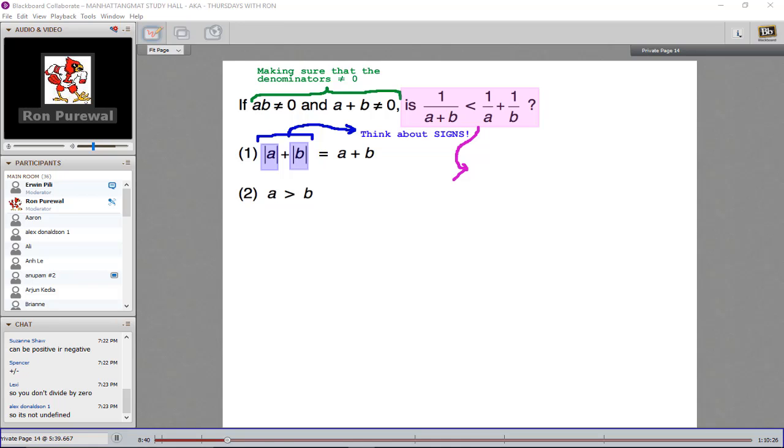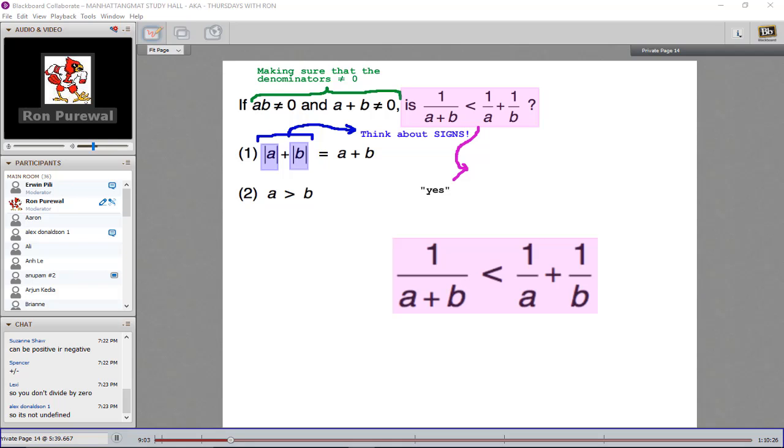If the answer to that question is yes, that would just mean the less than sign is actually a less than sign. And if the answer to that question is no, then it's a greater than sign. So let's translate those. Yes to this means that it says what it says.